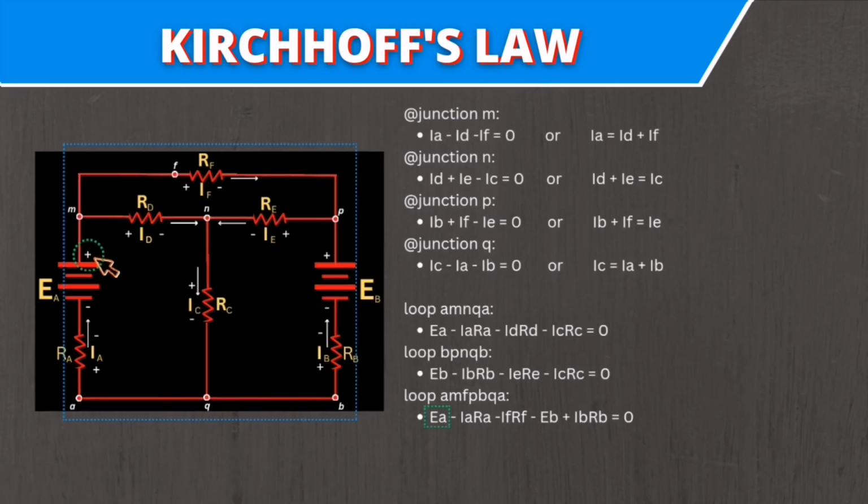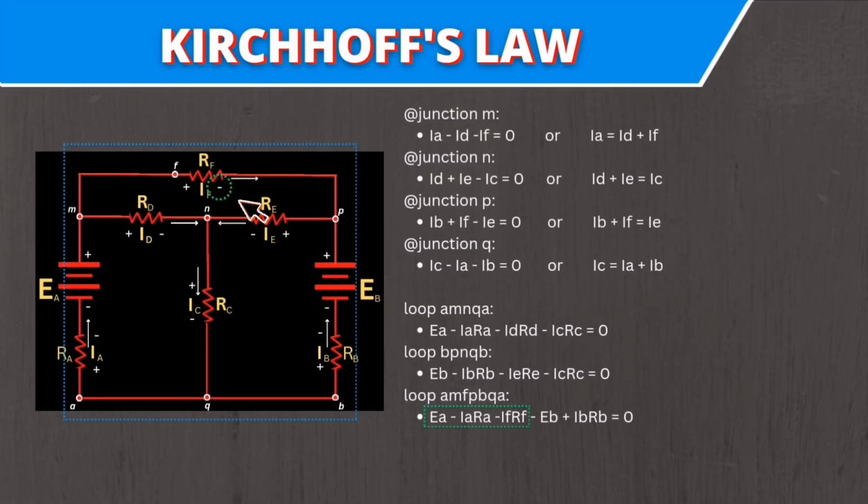For E sub a, the ending polarity is positive, so it will be written as positive E sub a, or simply E sub a. For I sub a times R sub a, the polarity is negative since the ending polarity here is negative, so it will be written as negative or minus I sub a times R sub a.